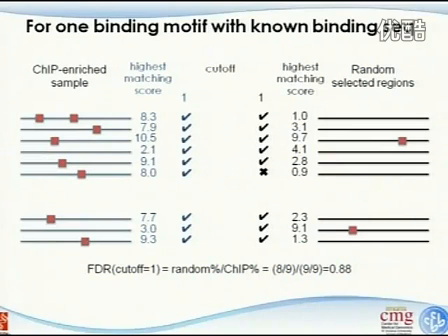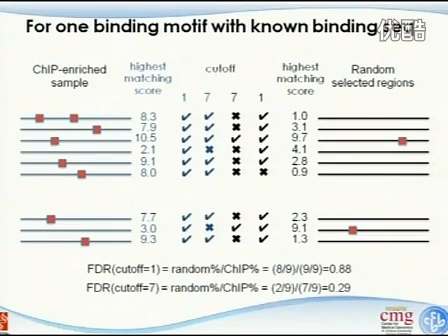If the cutoff is 1, only this one will be ruled out. So 8 out of 9 here are larger than the cutoff I've designed, and for the positive side, 9 out of 9 are larger. So if I calculate this with the cutoff at 1, the FDR will be the percentage in the random set divided by the percentage in the ChIP enriched set. This is 0.88. Okay? That's one way to calculate it. We know 1 is not a good cutoff. Let's try another cutoff.